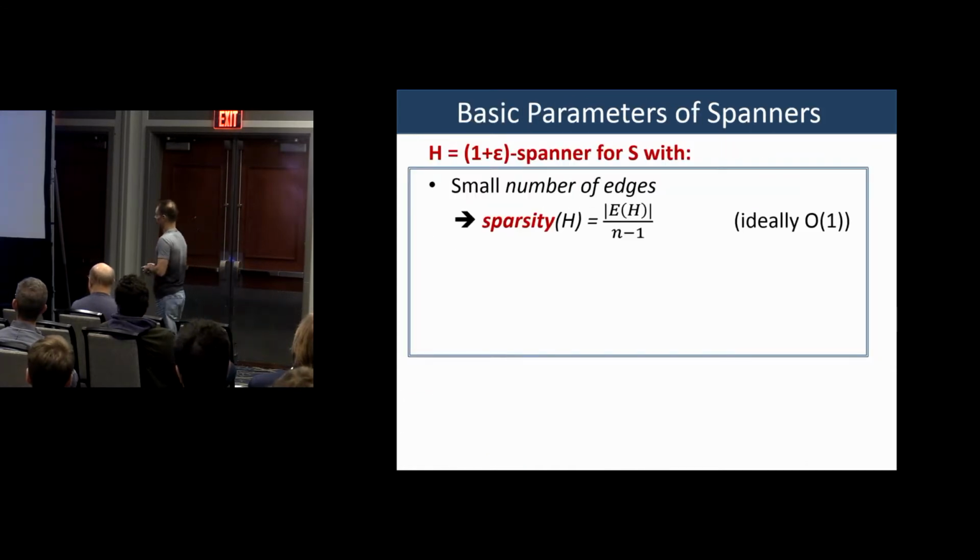OK, so the most basic parameter of spanners besides stretch is the size, the number of edges. And we can consider a normalized notion, sparsity, which is the ratio between the size of the spanner, the number of edges, and n minus 1, which is the minimum size of a connected graph. So ideally, we'll get a constant sparsity.